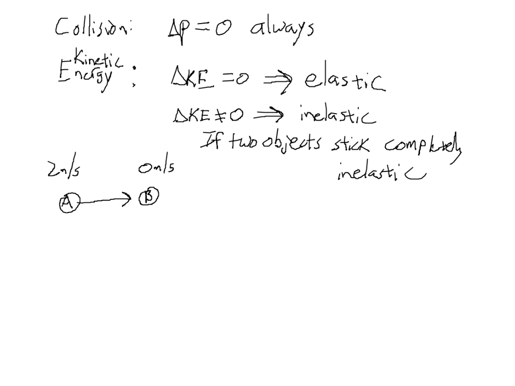Billiard ball collisions are almost perfectly elastic. So let's say that ball A collides elastically with ball B. So we do have an elastic collision here.